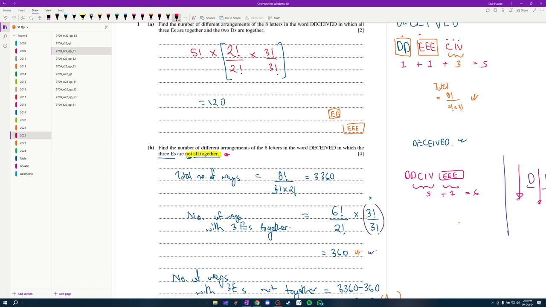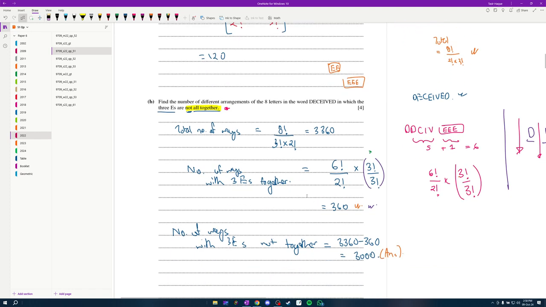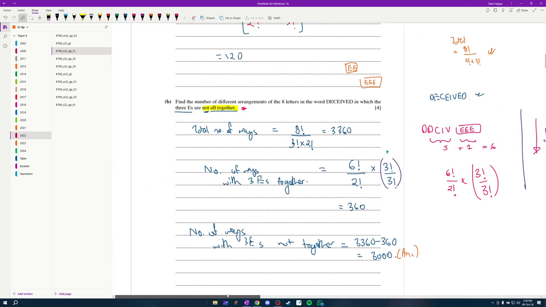However, since you have 2 D's that are repeats, we divide by 2 factorial, so 6 factorial by 2 factorial. And for the E's, it's 3 factorial by 3 factorial, which is again optional. So this is the number of arrangements where the 3 E's are all together. Now, if you subtract this answer, 360, from 3360, you get all the arrangements where the E's are not all together.